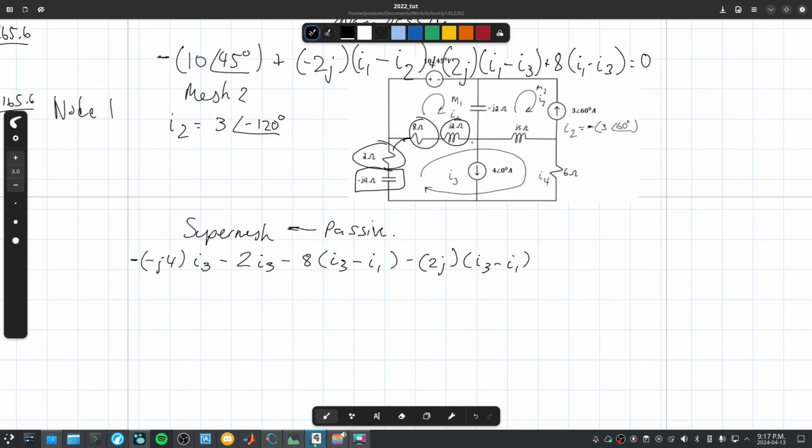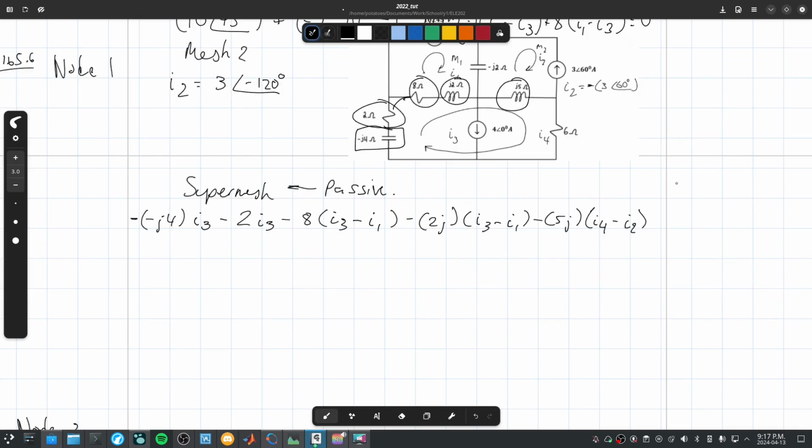And then you come over here, right? This is still the super mesh. We're not working with just I3 here. This here is minus 5J. And now we're working with I4. So that's I4 minus I2. Oh god, I'm going to run out of space. And then finally, the 6 ohm here.